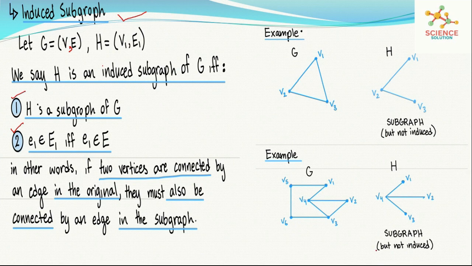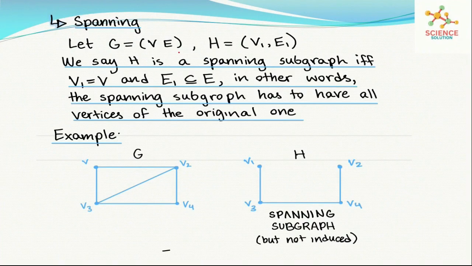Spanning subgraph can be defined as: let G is equal to (V, E) and H is equal to (V1, E1). We say H is a spanning subgraph if and only if V1 is equal to V and E1 is a subset of E. In other words, the spanning subgraph has to have all vertices of the original one.